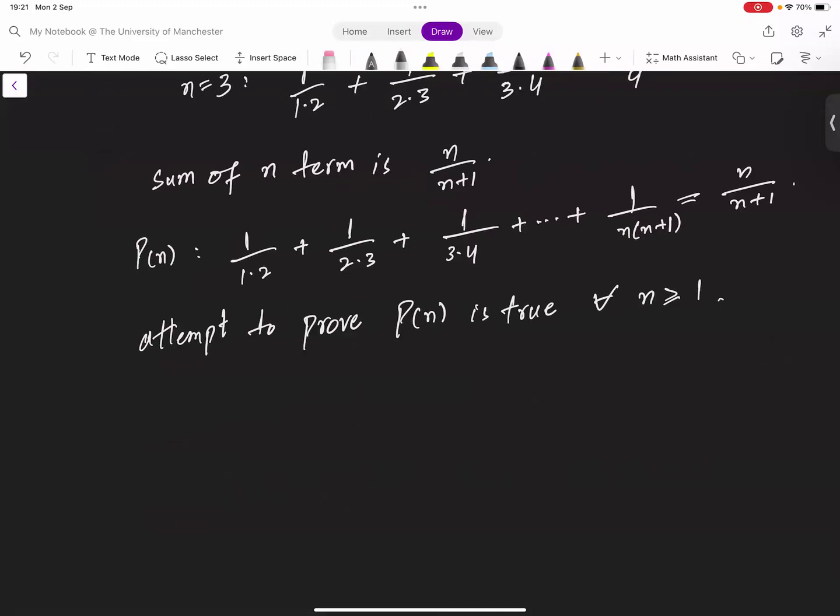So first, P of 1 is true, which is just 1 half, so that's fine. Now assume P of n is true.